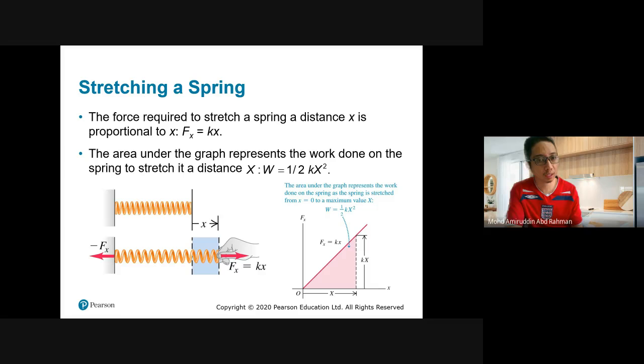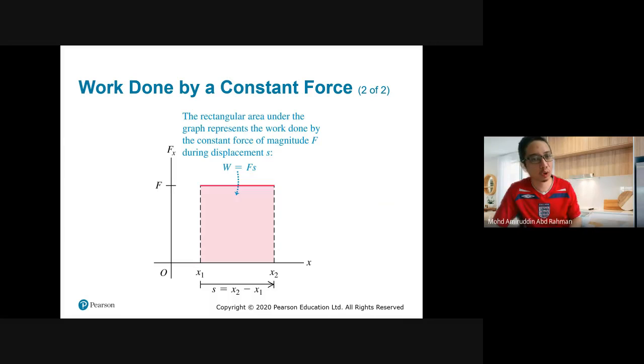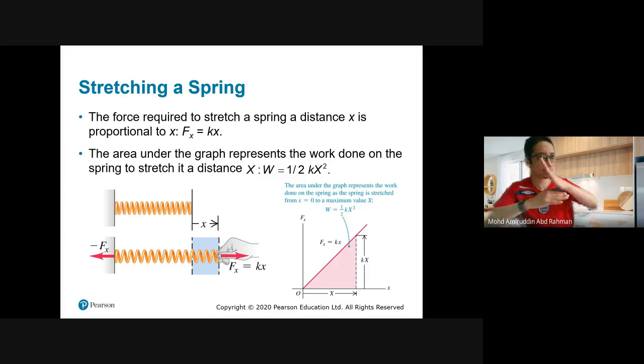Why half? Because it is linear. Previously we had a rectangle, but now it is sliced, so it is half of the rectangle. That's why you have W equals half kx squared.